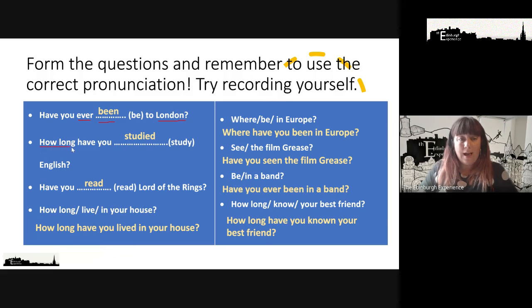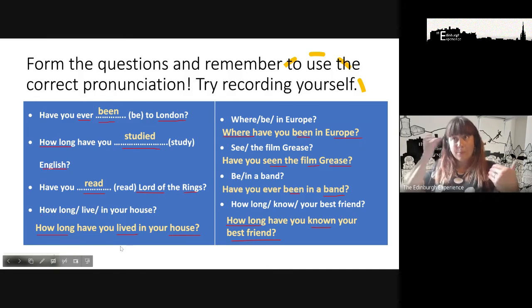Here we've got how long studied English, read Lord Rings, how long lived house, where been Europe, seen film Grease, been band, and how long known best friend. Okay, those are my keywords.